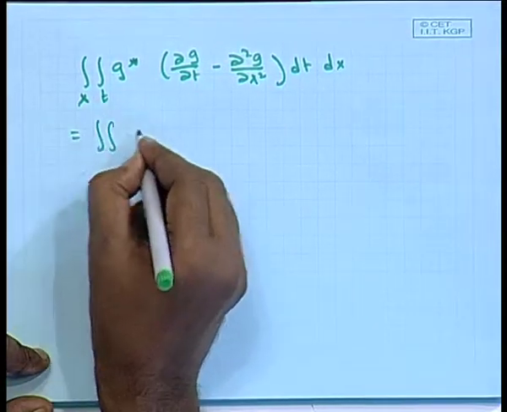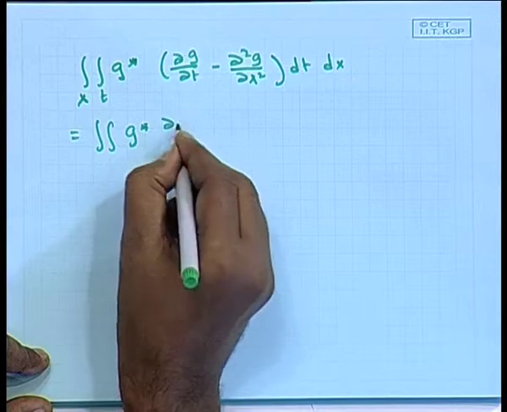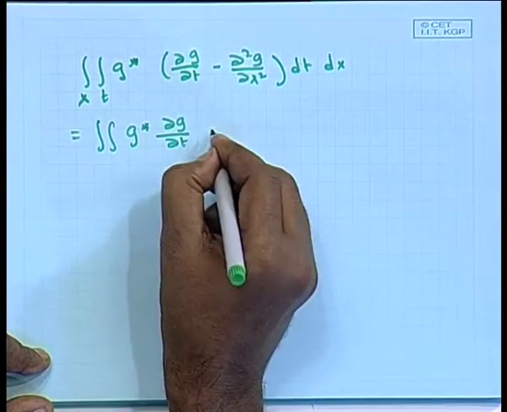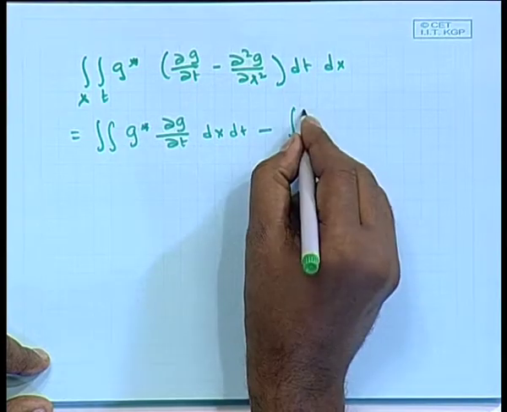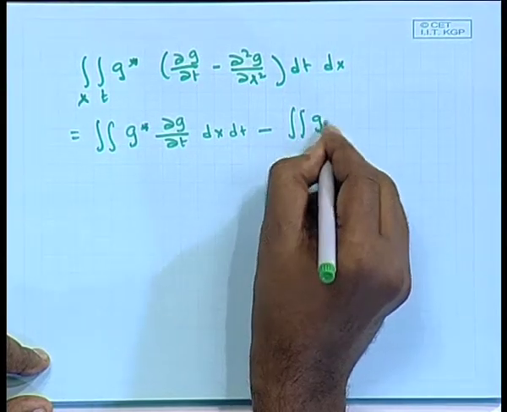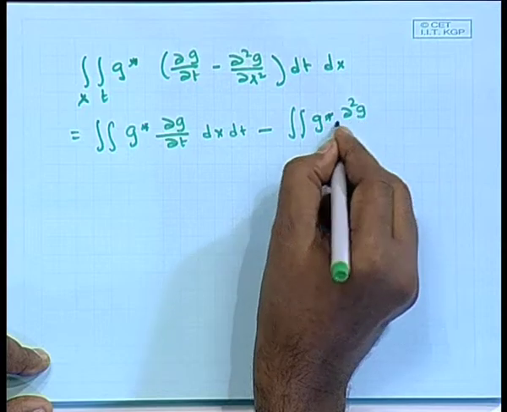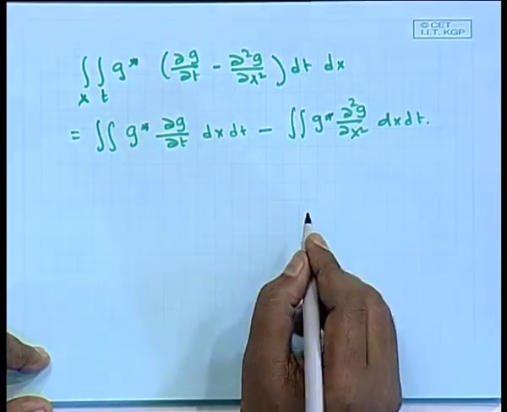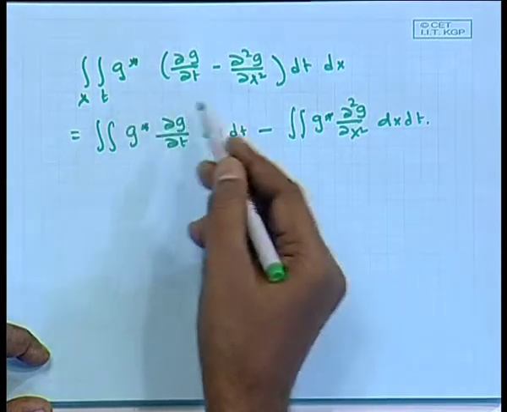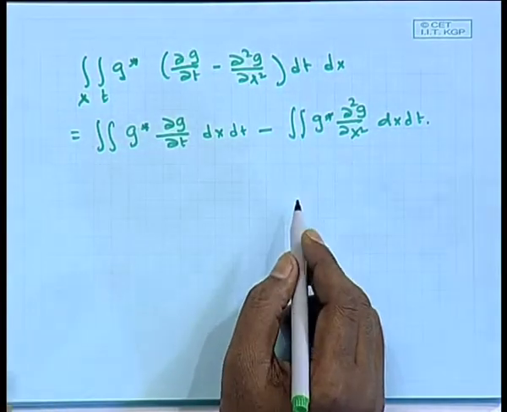So, this will be basically the integral of g star del g del t dx dt, minus the integral of g star del square g del x square dx dt. So, this is basically two integrals.